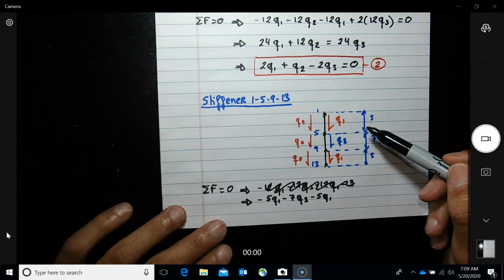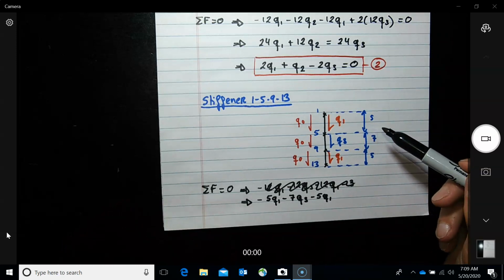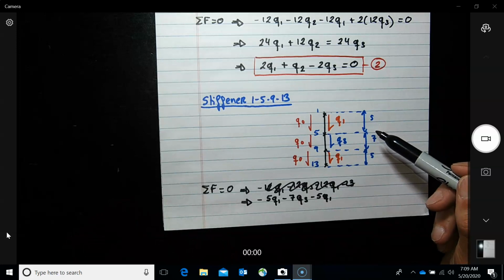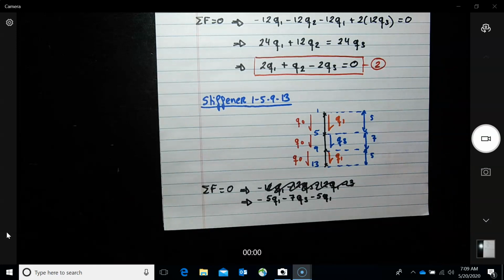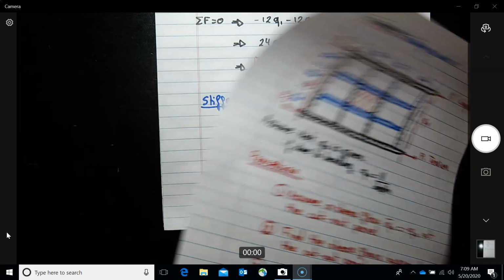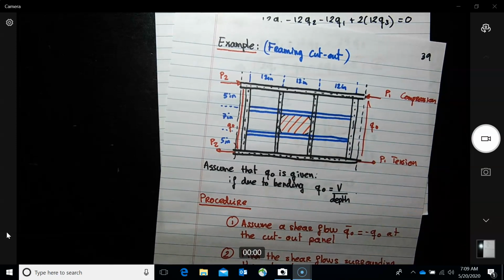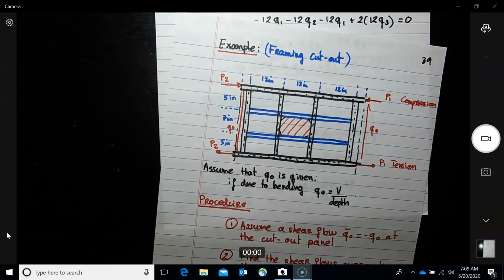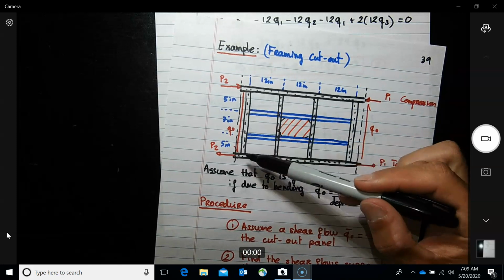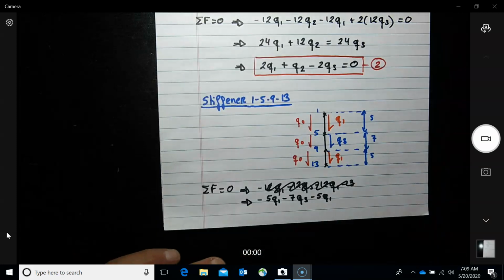This will be now 5, 5, and 7. Okay, so 5, 5, and 7.